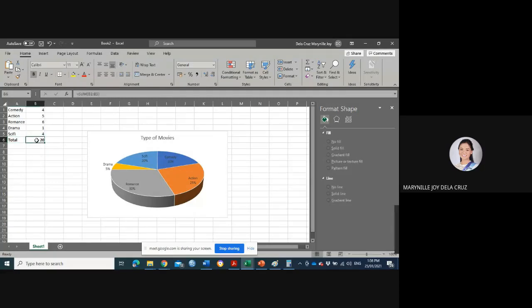How are we going to make sure that that is in percentage form para ikumpara mo diri mismo sa pie na ginubra ninyo? So, 4 divided by 20 times 100%. So a total of, this one is 20%.